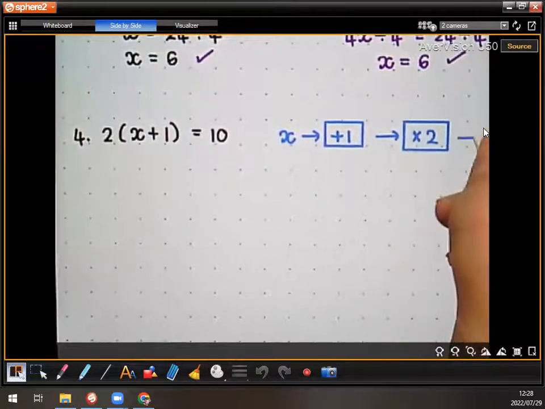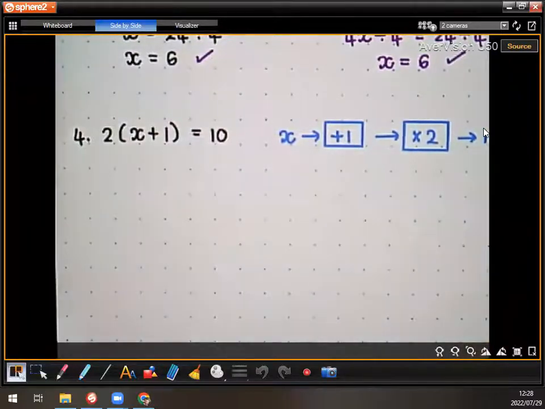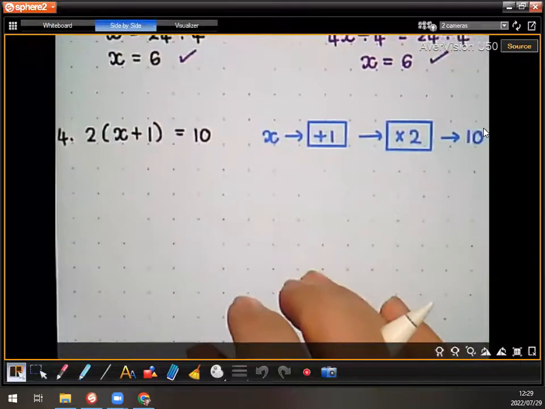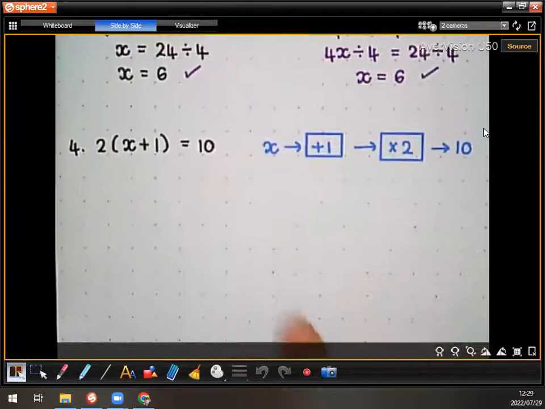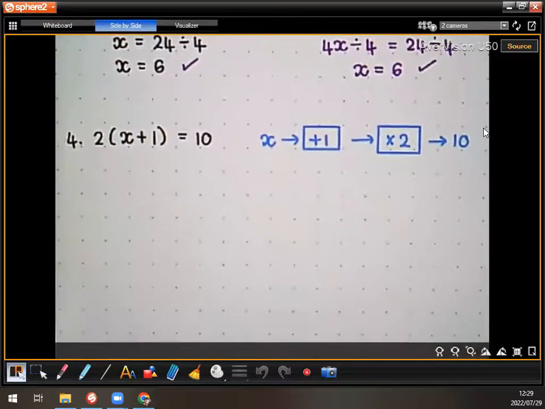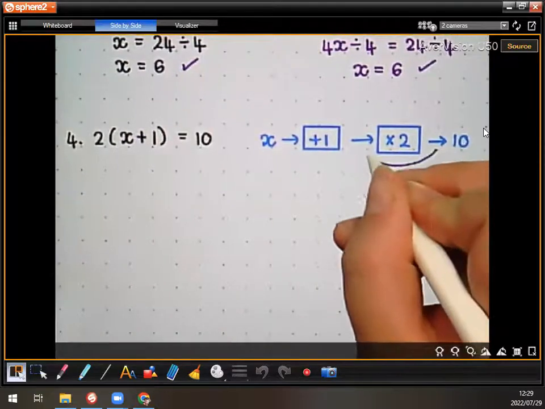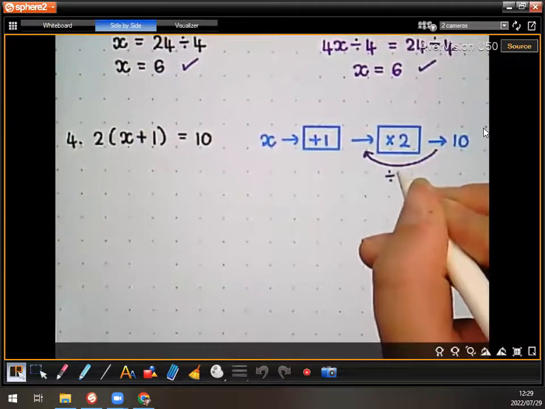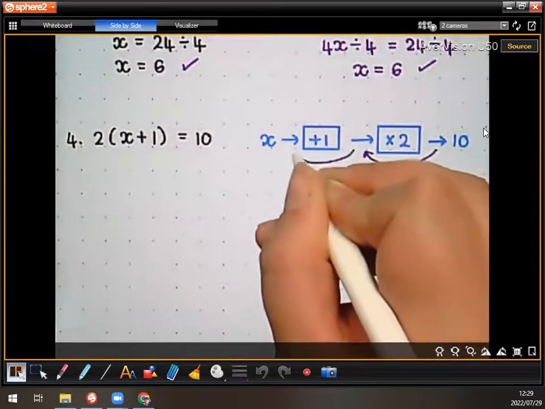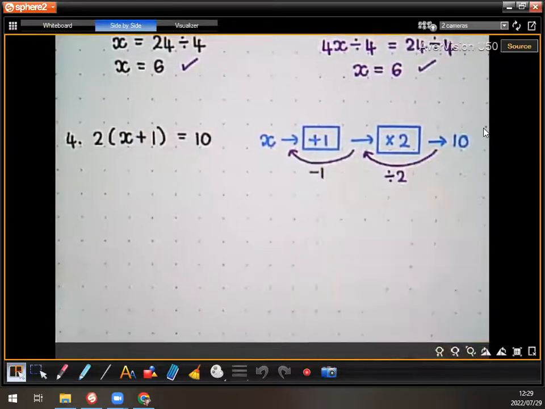And the answer that we are then getting is 10. So when we're working backwards now, we are first going to divide by 2. And then we are going to subtract 1.